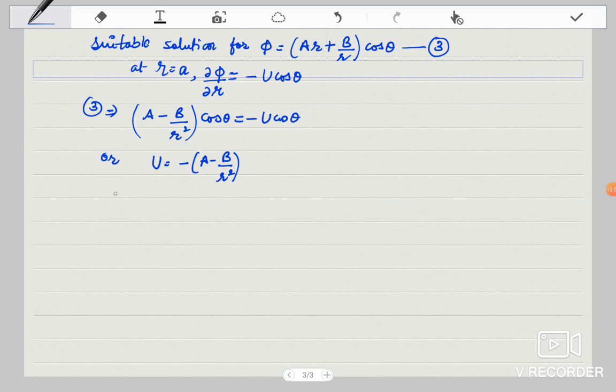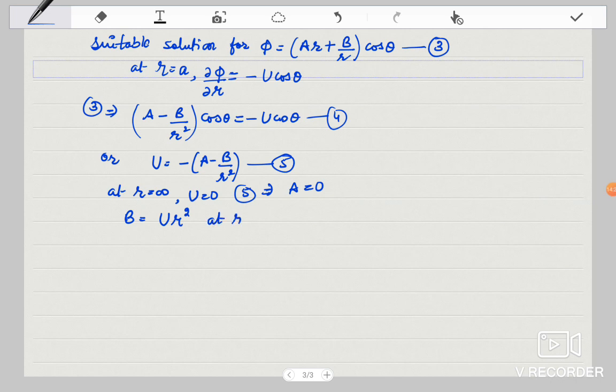Now what is u at r is equal to infinity? U is equal to 0. So this implies that A is also 0, and so B is equal to u r square.